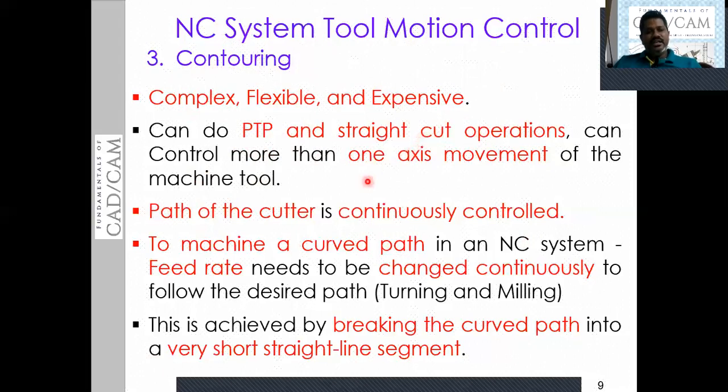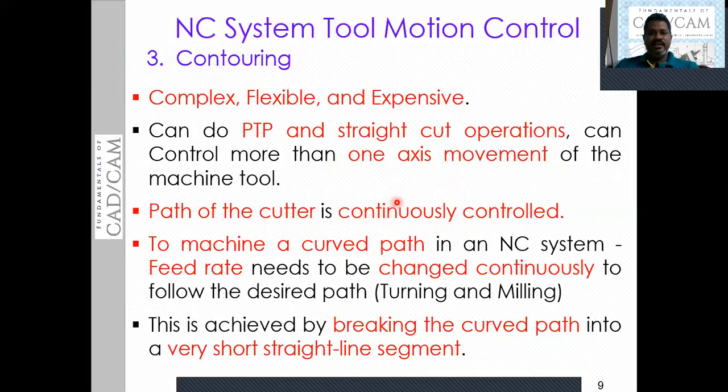So it can control more than one axis movement of the machine tool. Basically, every NC system implementing contouring has different axes, multi-axis. Those axes are going to move or rotate with different speeds. That is the feature of the NC system which implements contouring tool motion control.